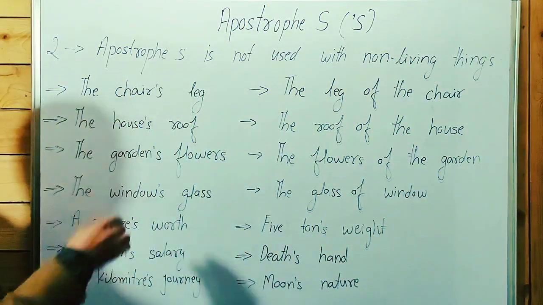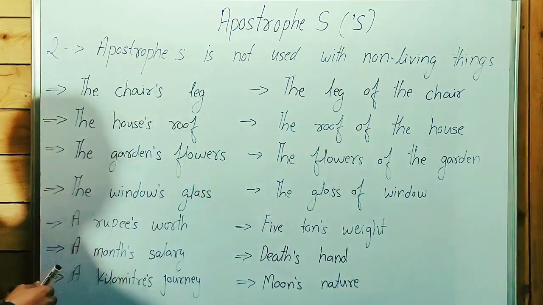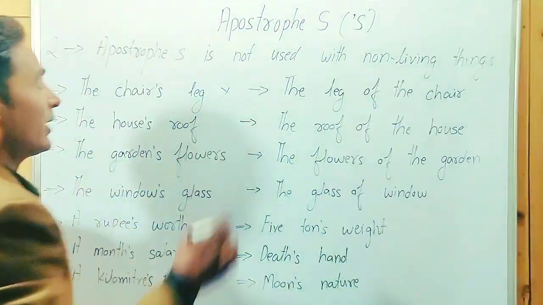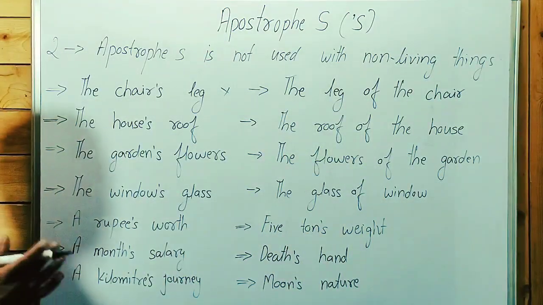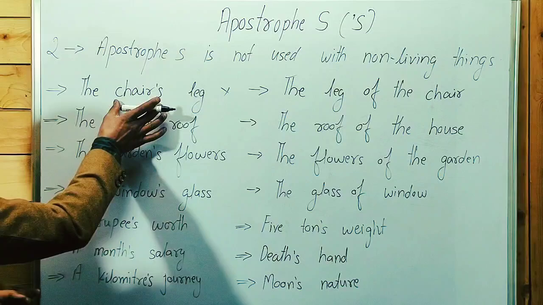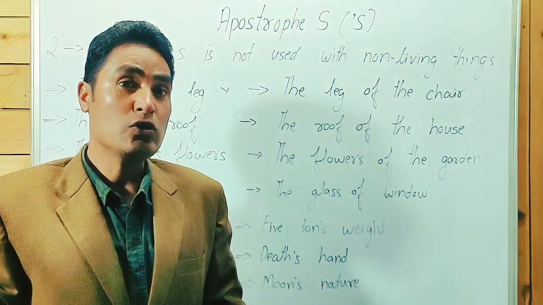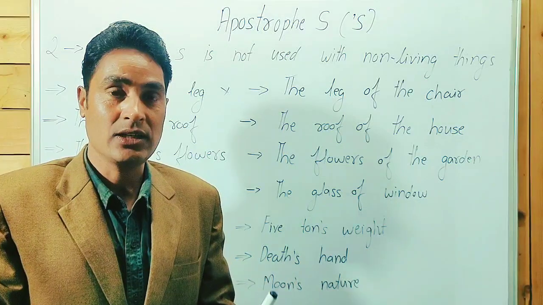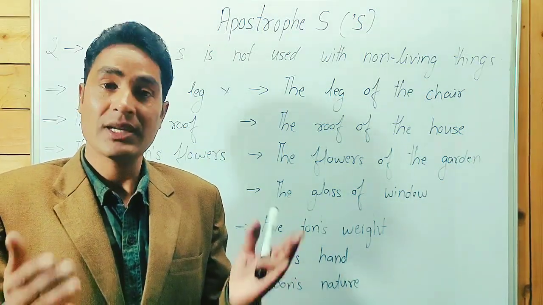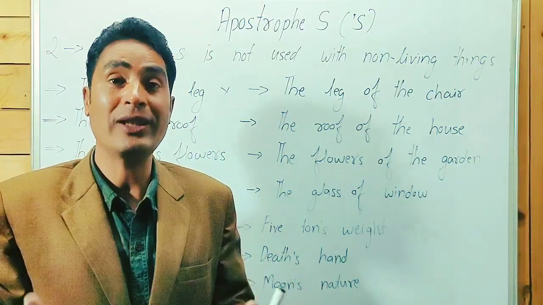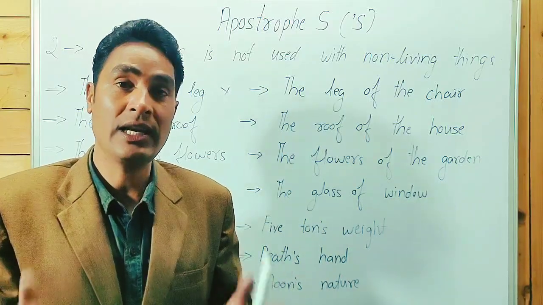The chair's leg, chair apostrophe s, is an incorrect phrase. Why is this phrase incorrect? Because, as you know, we use apostrophe s to show that something belongs to someone, for only human beings, only living beings.